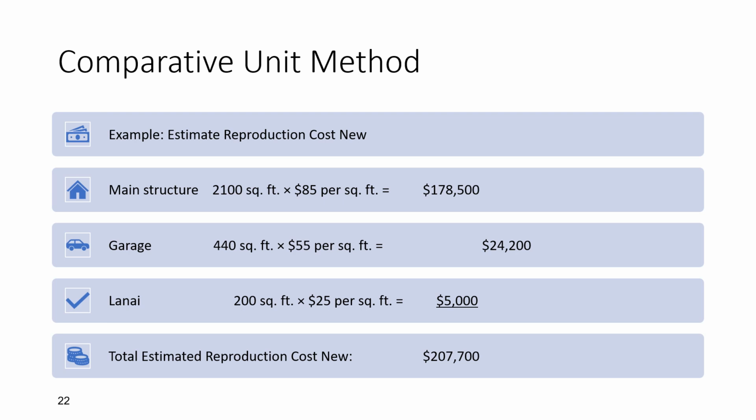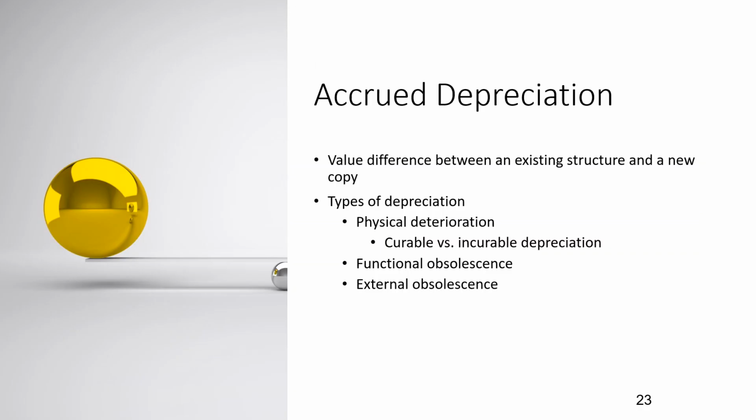The lanai is 200 square feet, $25 per square foot, gives you $5,000. When you add them all up, you have $207,700.